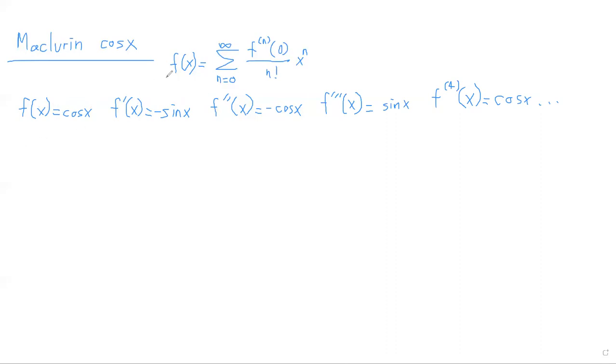So f of x, applying this formula, is equal to, so I'm going to write it again, the Maclaurin series, and we're just going to expand it out. Starting at n equals 0, and seeing if we can develop a pattern from there.